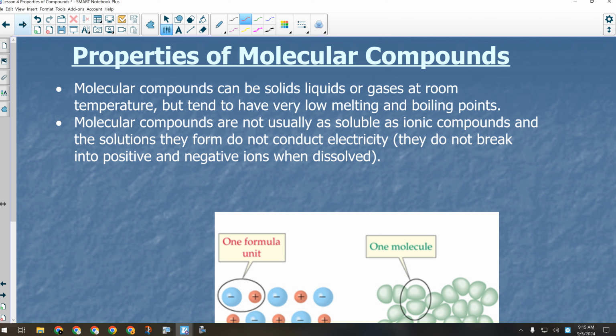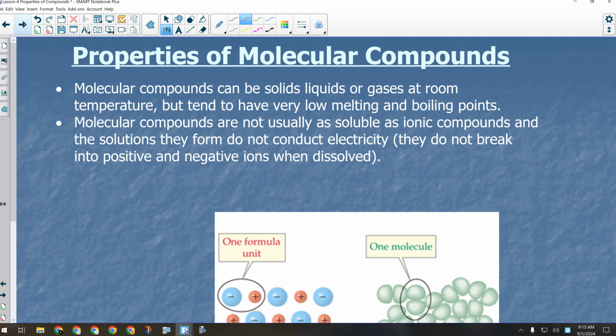Now, molecular compounds, okay? Can there be crystalline, solid molecular compounds? Absolutely there can, but they're not all that way. Okay? Molecular compounds typically are not crystalline, okay?